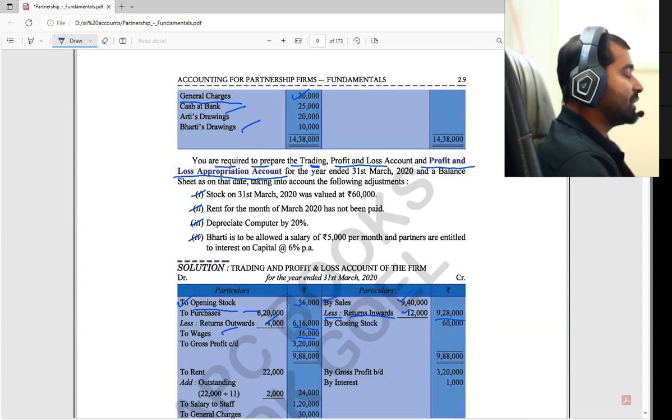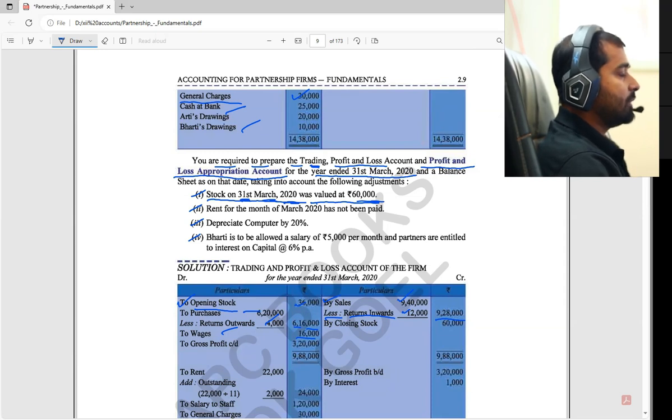Where will it be given? Always see the adjustments. Sometimes it can be given above also. The stock as on 31st March 2020 was valued at 60,000. This 31st March 2020 is our year ending, so this is our closing stock. I have taken closing stock 60,000 on the credit side.